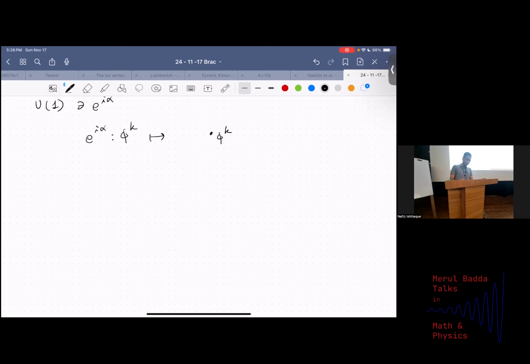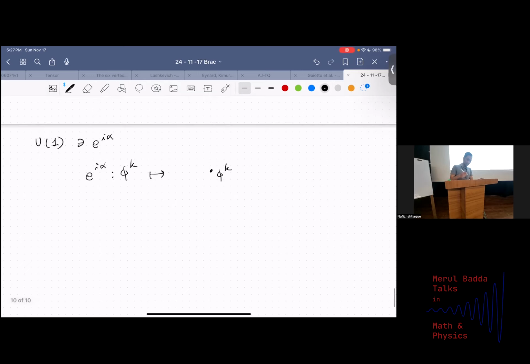The picture I'm going to draw is that you put an operator at a particular point in your spacetime, and then you surround this operator by a closed sphere, a topological sphere. In this case, it's going to be a topological S^3. And on this S^3, you have an integration of your current.